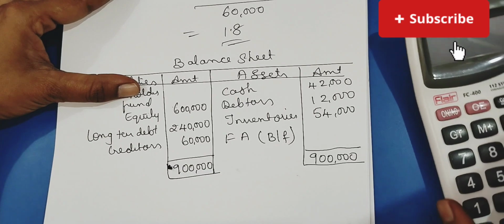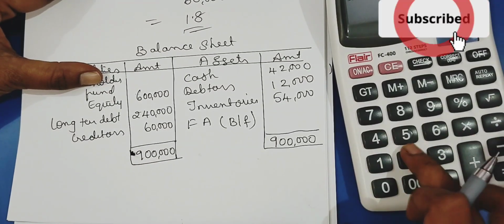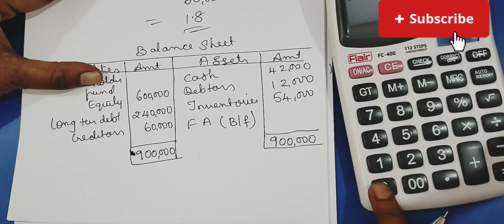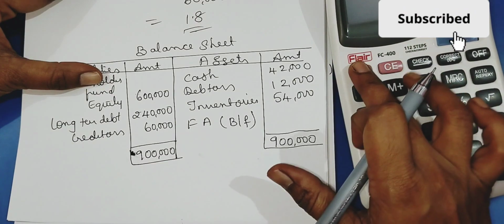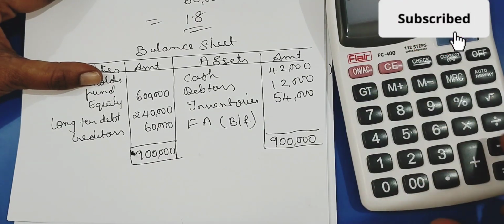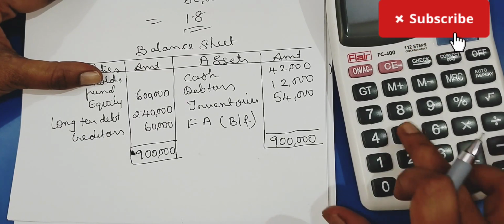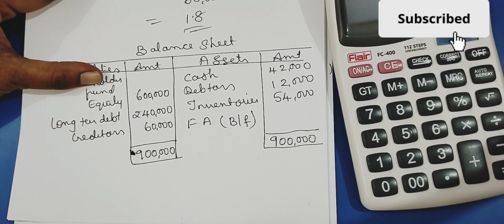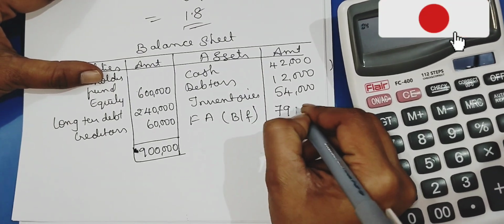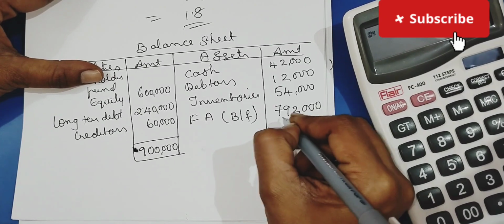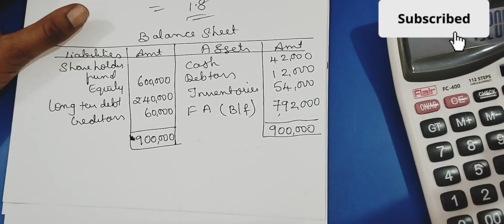So what is our balancing figure? 9 lakh minus 42,000 minus 12,000 minus 54,000, seven lakh 92,000, right? 7,92,000 is our fixed assets.